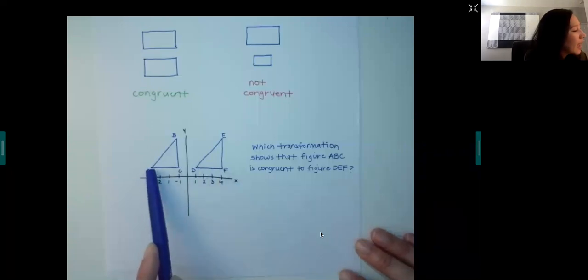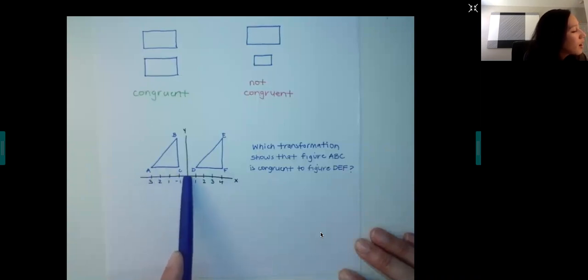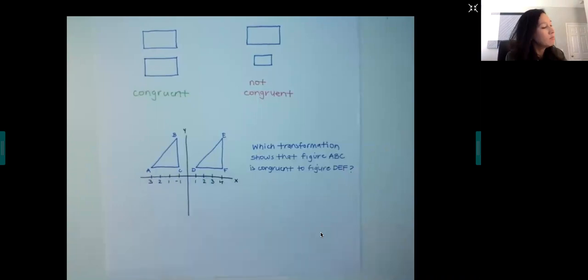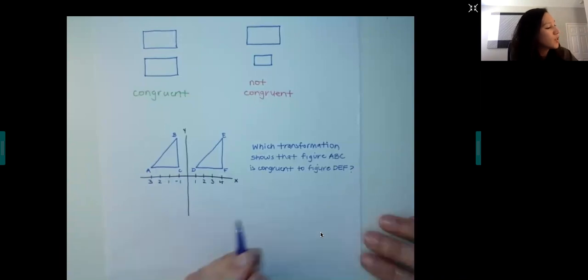Let's see, point A and point D. We started here, so we went over 1, 2, 3, 4, 5. So we are translating triangle ABC 5 units to the right.